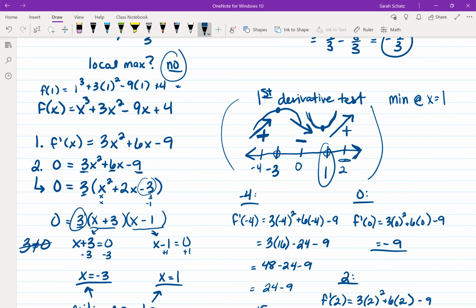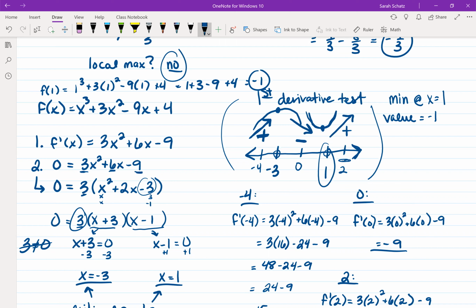This is 1 plus 3 minus 9 plus 4. So 4 plus 4 is 8 minus 9. I think I get negative 1 here. So I put 1 into the original function, and I got that the minimum value is negative 1. And it occurs at 1, which I already knew because it's a critical point.